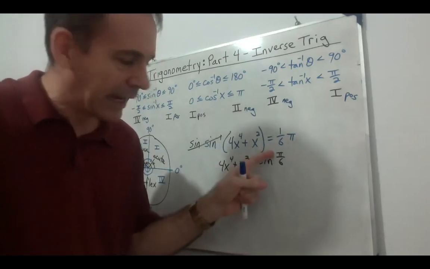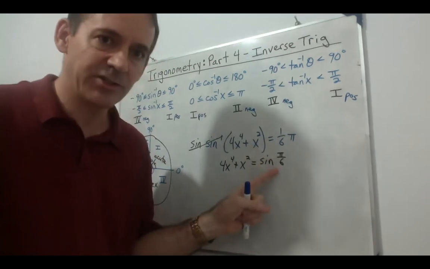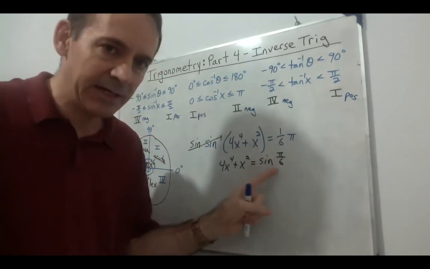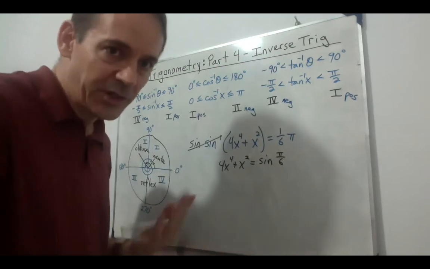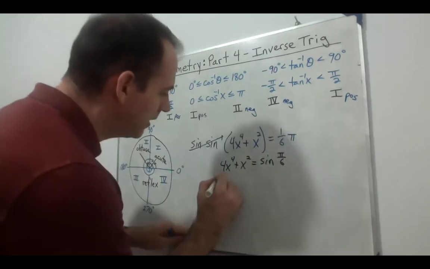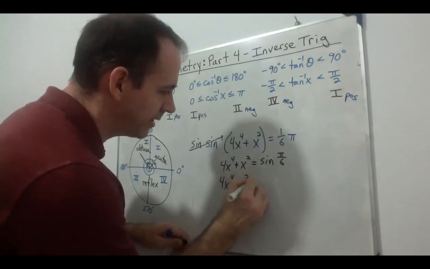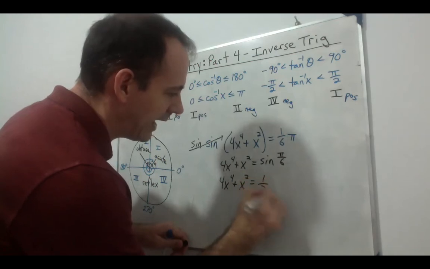So remember, pi is the same as 180. 180 divided by 6 is 30. So this is sine of 30 degrees, and we just saw that as an example. Sine of 30 is 1/2. So this is 4x to the fourth plus x squared equals 1/2.